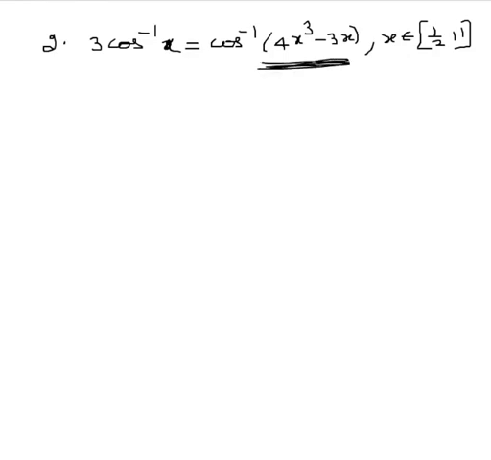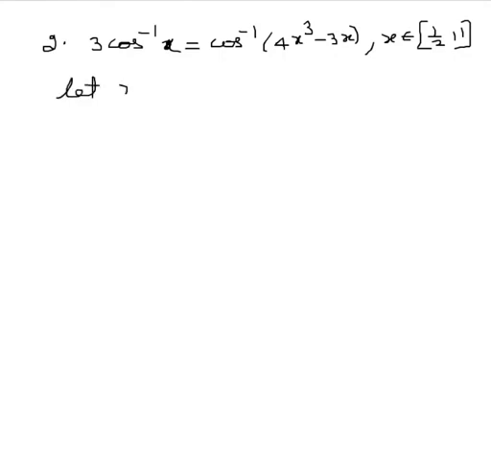Second question, we have to prove that 3 cos inverse of x is equal to cos inverse of 4x cube minus 3x, where x belongs to the closed interval half to 1. It is a similar question. From this expression, we can make out that it looks similar to the cos 3 theta formula.